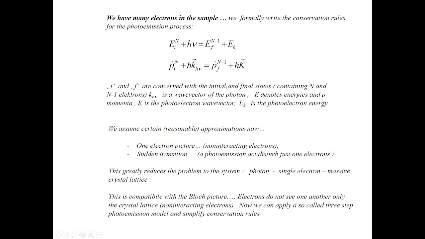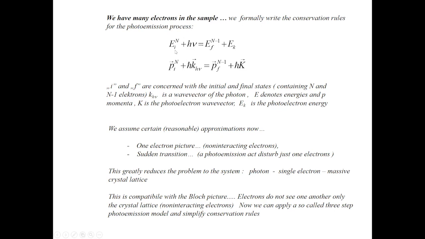Okay, so we have many electrons in the sample actually, and we formally write the conservation rules for the photoemission process. So we should include all electrons, all particles. So I is initial, F is final.